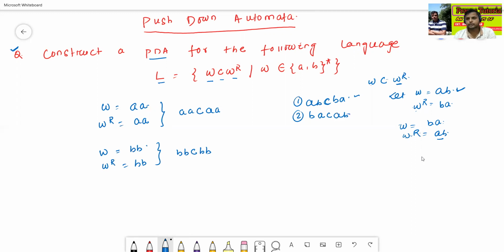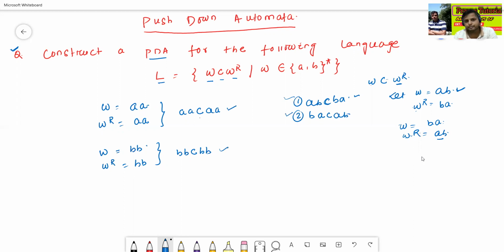Before constructing the push-down automata, first we have to decide the push and pop operations. How to push and how to pop? Here this is one valid string, this is a valid string, this is also a valid string.